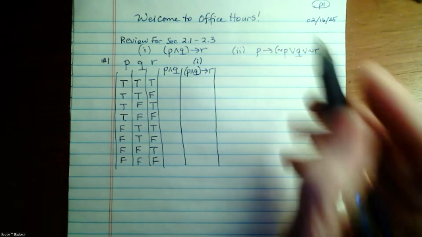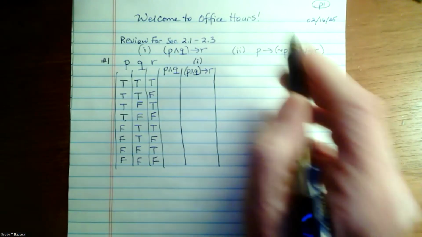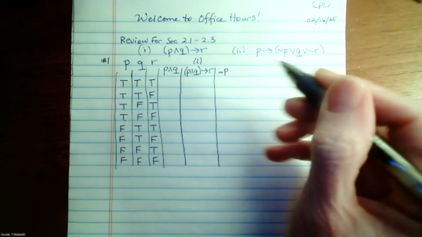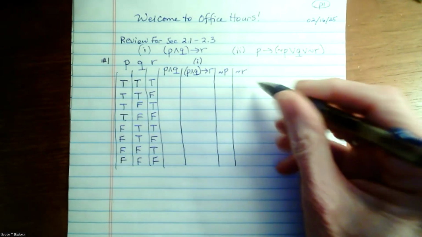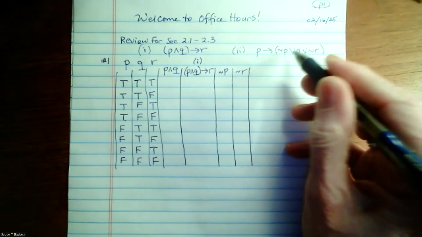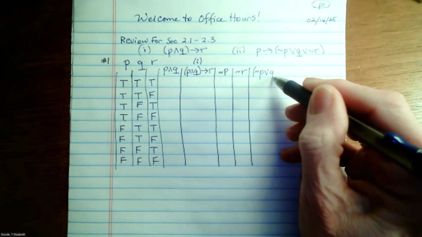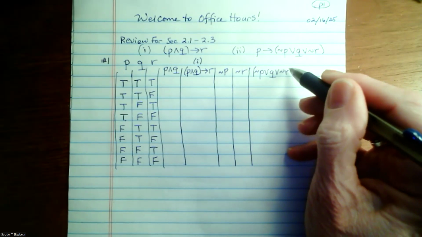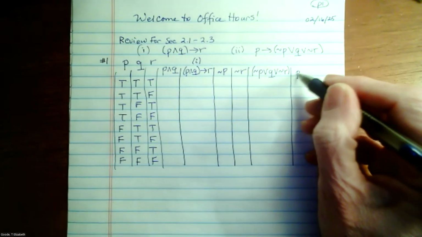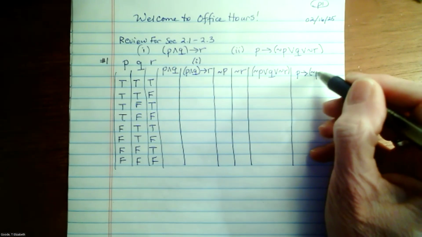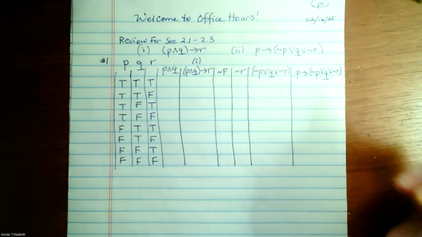Then when we get ready to build the column for this expression, we're going to need a not P, and a not R, and then not P or Q or not R. Then we'll be able to build the column for P implies not P or Q or not R. Does that make sense?